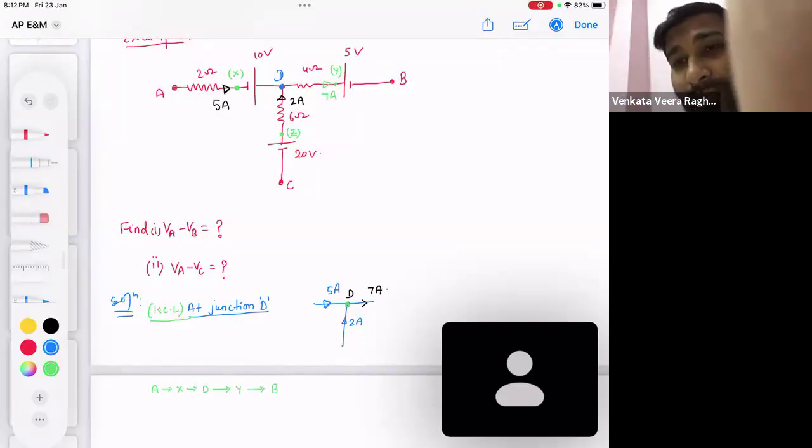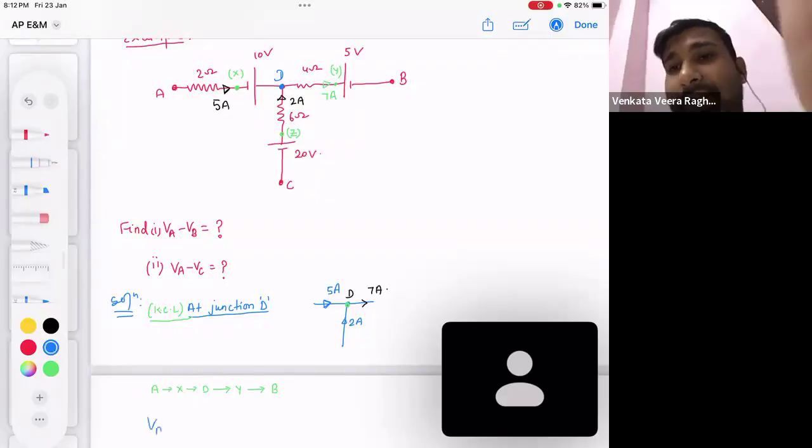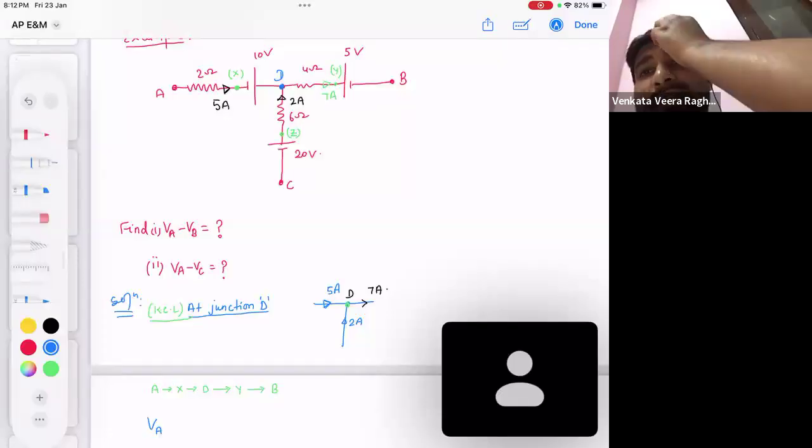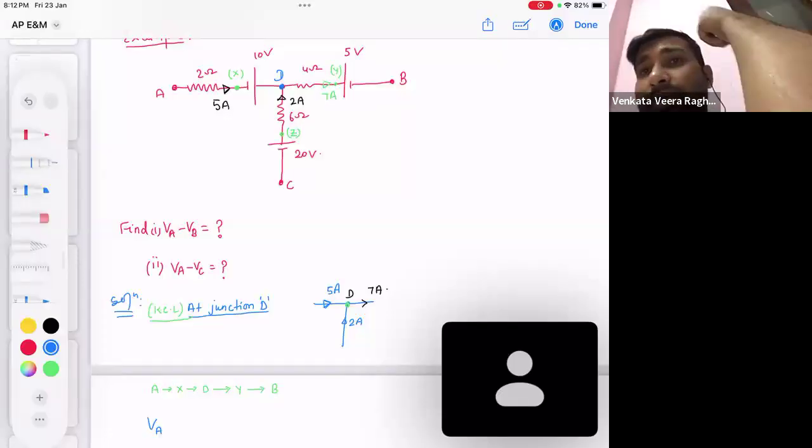Let's start writing now. What is the potential at A? Let's call it VA. Now, when I go from A to X, are we moving from high to low potential or low to high potential? Which is the high potential, A or X?